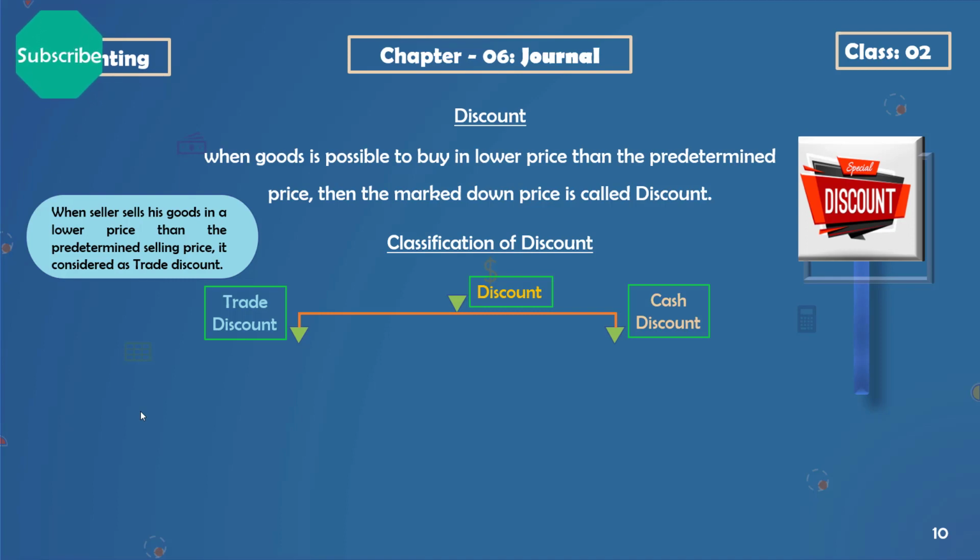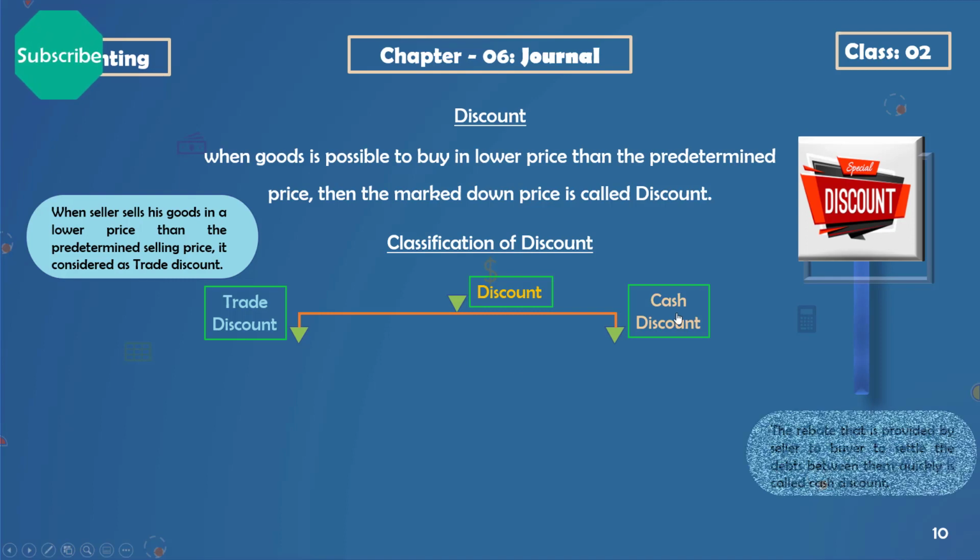Okay, and what is cash discount? The rebate that is provided by the seller to the buyer to settle the debts between them quickly is called cash discount. Cash discount is allowed or received during the settlement of debts.